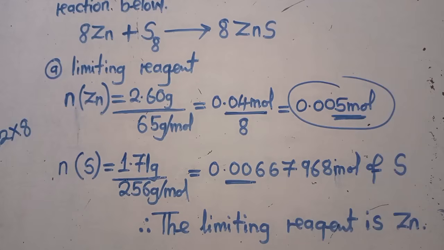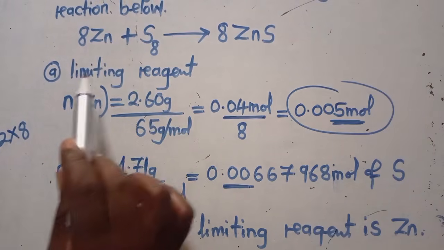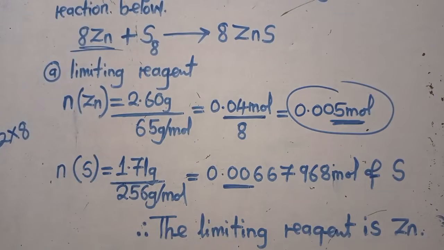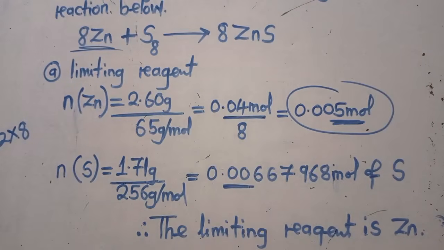You are done. Don't rush into saying that because there is 8 here and 1 there, the other one is the limiting reagent. No, you need to calculate. You are given the data above so that you can calculate these things. So we've calculated that zinc is the limiting reagent. That is how you are supposed to answer this question.